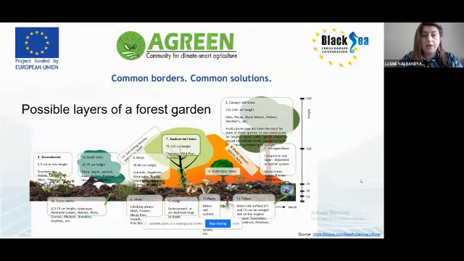One of the examples of what can be contained in an agrobiodiversity forest garden is shown in this diagram, which shows in great detail what kind of crops, interconnections, varieties and habitats can be in the forest area.